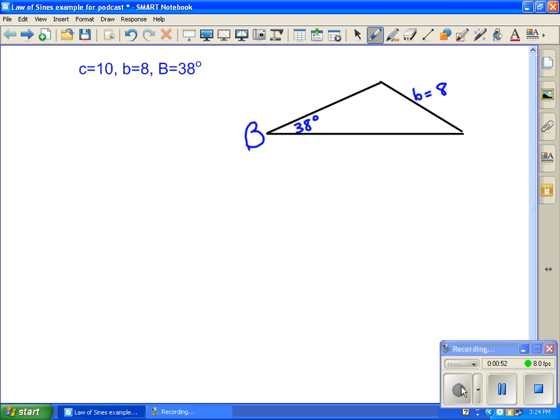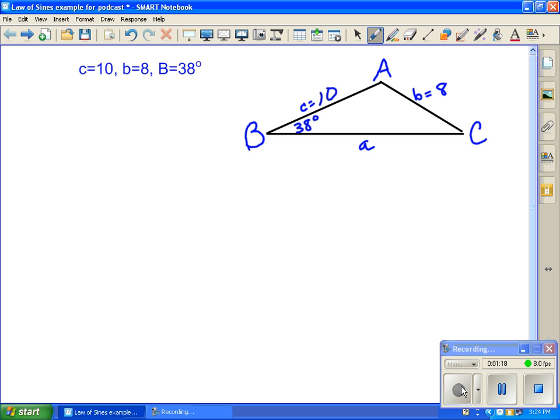And I always put the other side that they give me in my upper left. So my c is going to be 10, which means the corresponding angle to that has to be labeled angle C. And we'll just label the last angle angle A, which means the last side that is corresponding to it has to be side a.